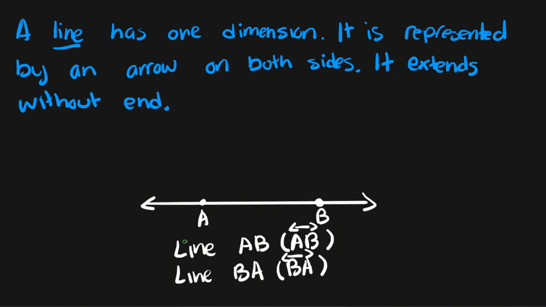Or sometimes it might already have a name, so maybe your question might say this is line L right here. So you can just put line L. Okay, and yeah, that's about it for lines.